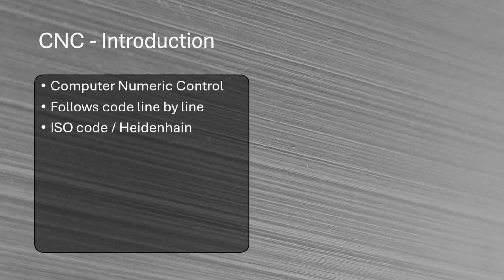ISO code is very simplistic and quite old, whereas Heidenhain is supposed to be a little bit more human readable. But it's a question of flavor basically.